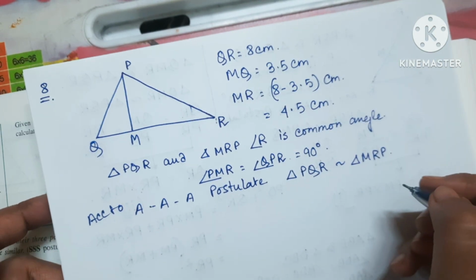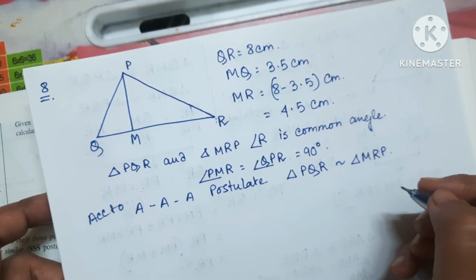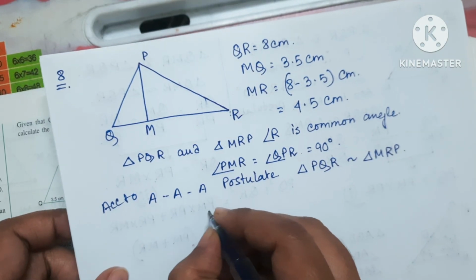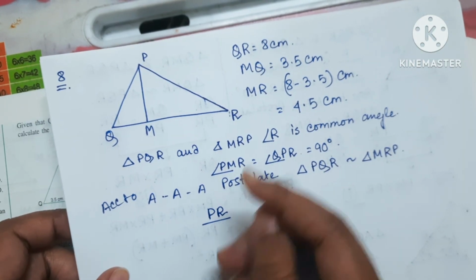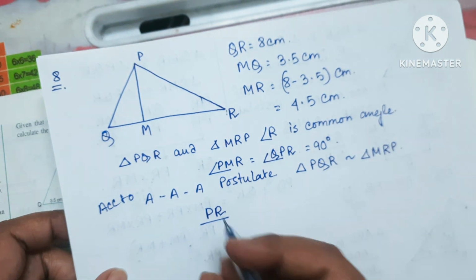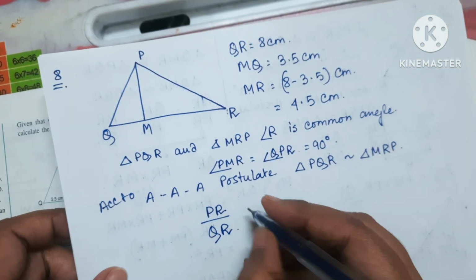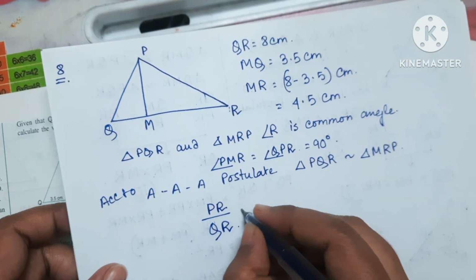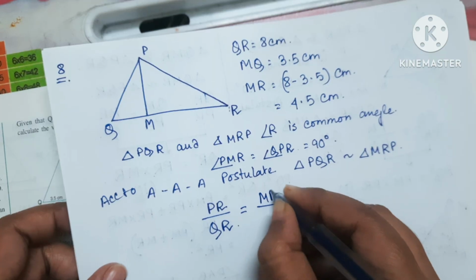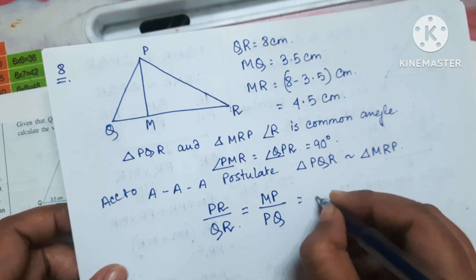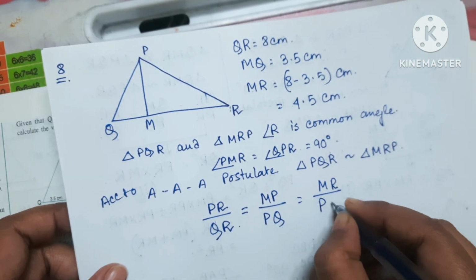Okay. So you can write that corresponding sides are proportional. So you can write PR by QR, hypotenuse of right angle, MP by PQ is equal to MR by PR.